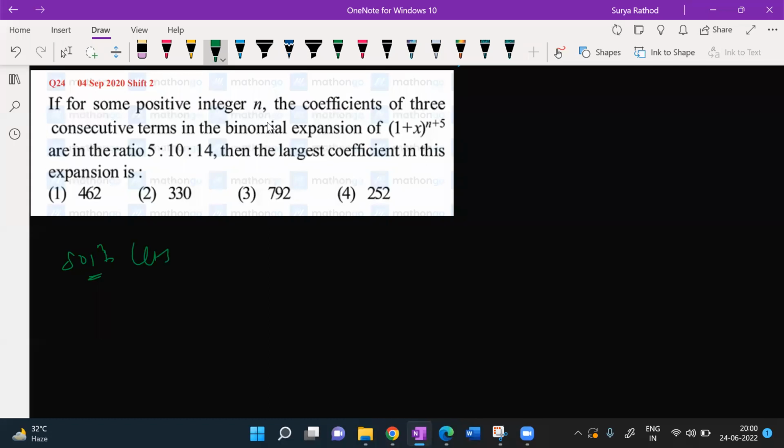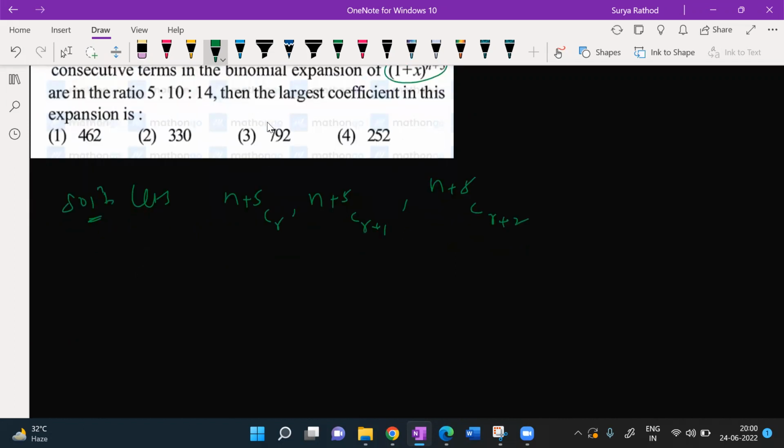The 3 consecutive terms are n plus 5 Cr, n plus 5 C r plus 1, n plus 5 C r plus 2. They are in the ratio 5 is to 10 is to 14. So n plus 5 Cr by n plus 5 C r plus 1 is equal to 1 by 2, since 5 by 10 is nothing but 1 by 2, right?